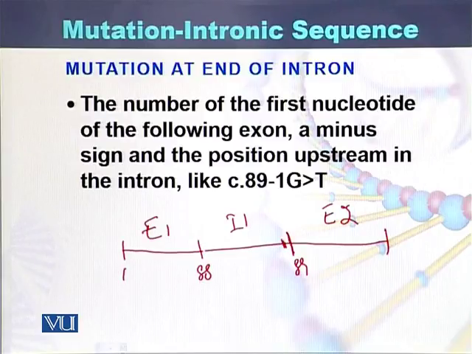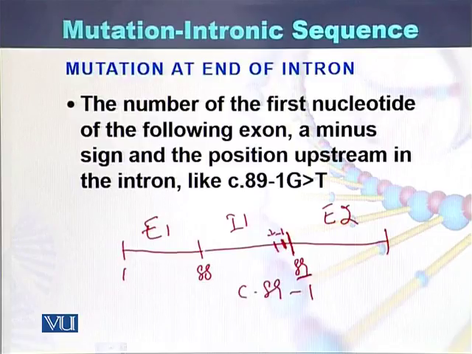So if the mutation is here in the intron, it will be written as c.89 with reference to nucleotide number 89, minus 1, because the mutation is actually present in the intron. So we will write minus 1. This one will be minus 1, and this one will be minus 2.